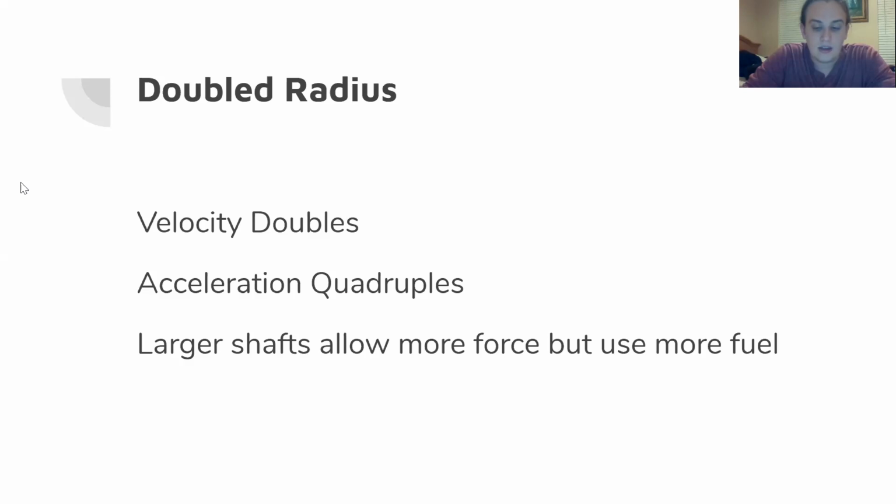So a larger radius then, because it allows for more force but uses more fuel, is probably going to be more useful in a large work vehicle than it is in a smaller vehicle more focused on fuel efficiency and speed.